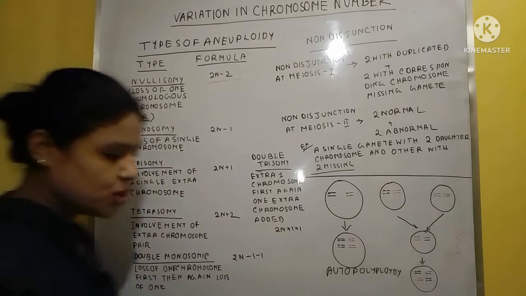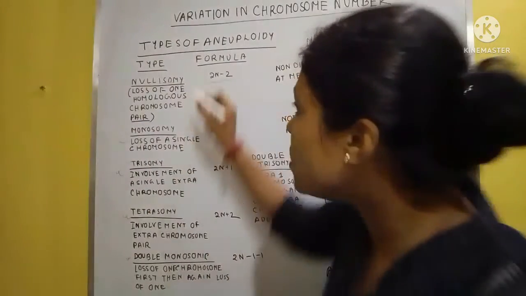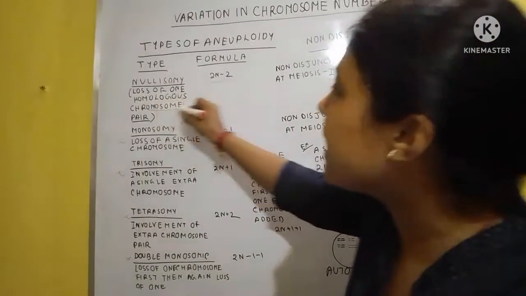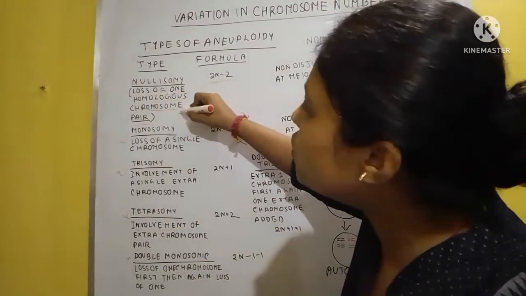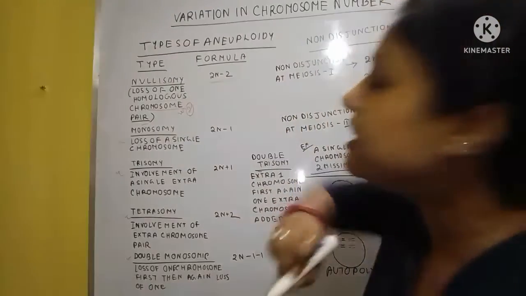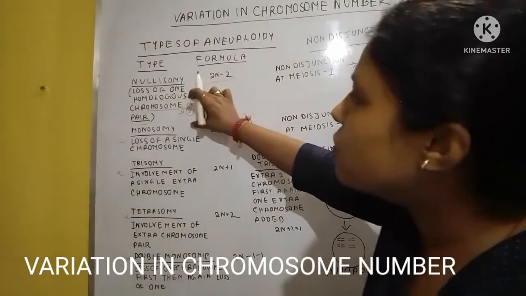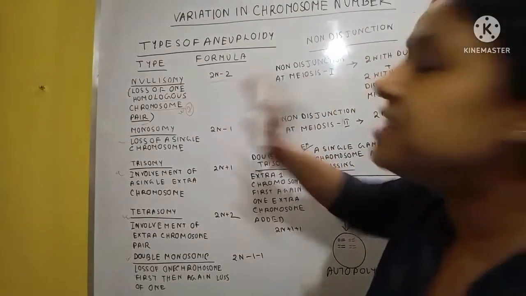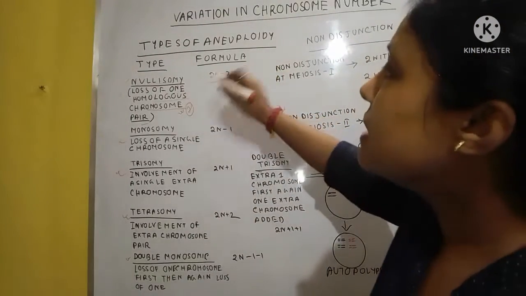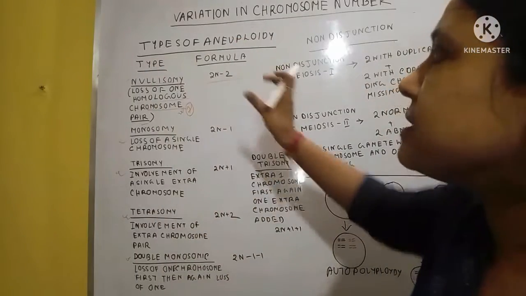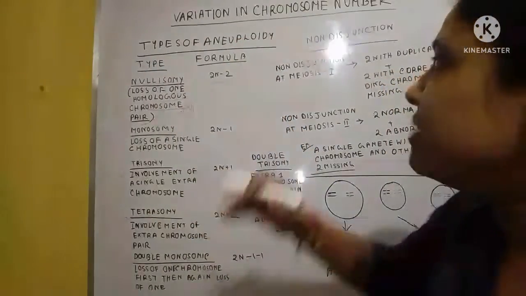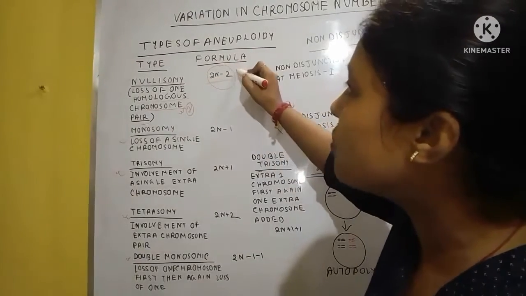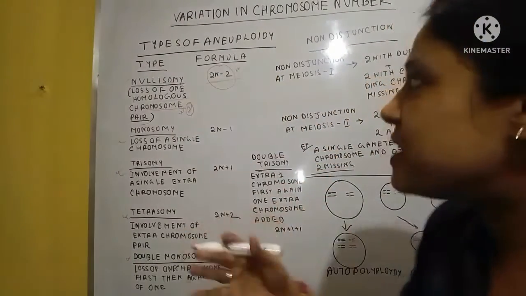In that situation you can see the loss of one homologous chromosome pair. That means the two homologous chromosomes are totally deleted. And the type of set we can see is 2n minus 2, and this is the formula to represent nullisomy.